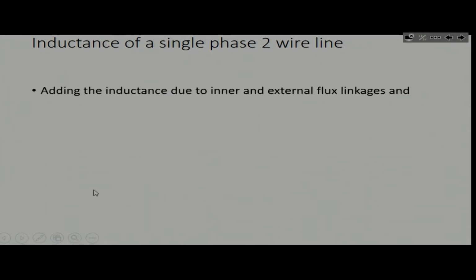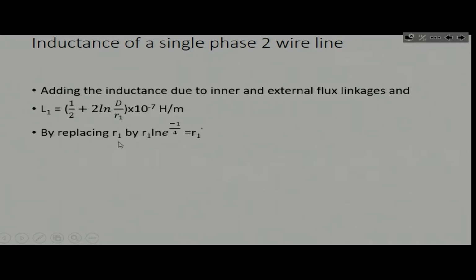So let's look at the inductance of a single phase two wire line. Adding the inductance due to the inner and external flux linkages, we have L1 is a half plus 2 ln D over R1.